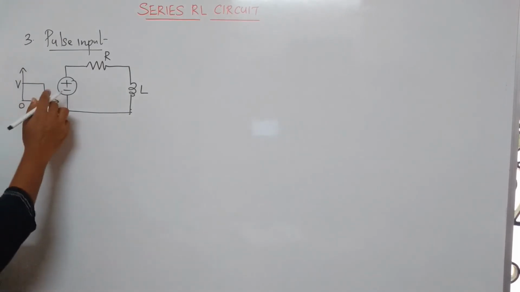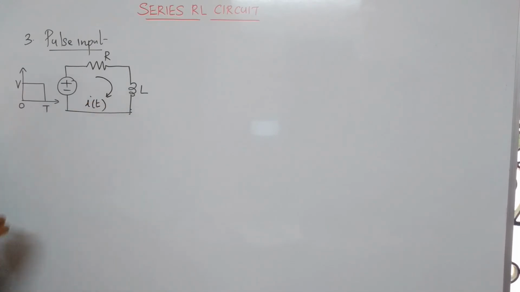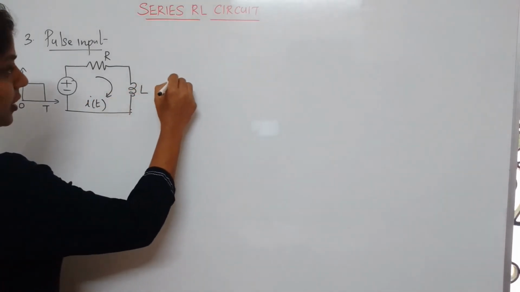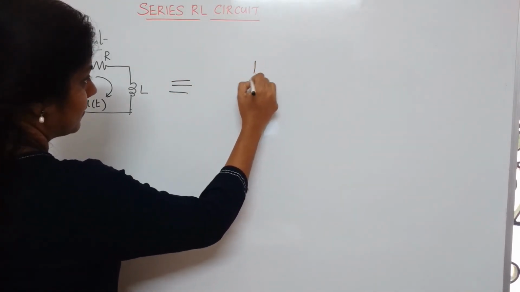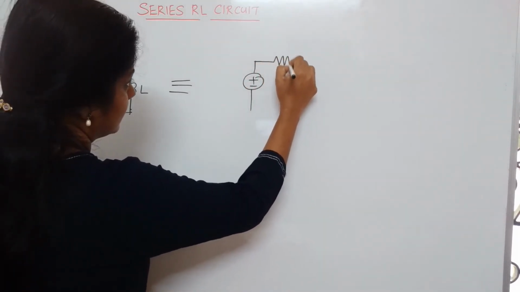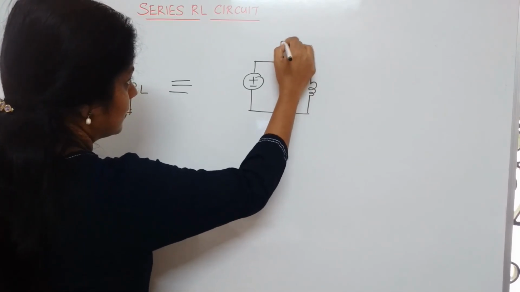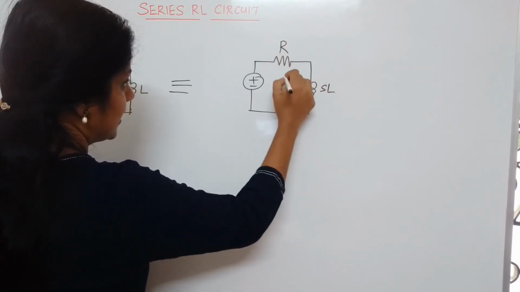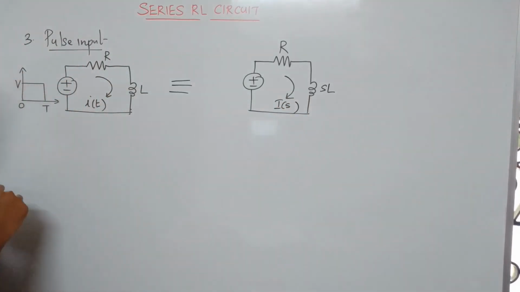The pulse input is applied here, which results in a current i of t. Now we can draw the equivalent circuit. This will be R and SL. Again, I am assuming that all the initial conditions are set to 0.